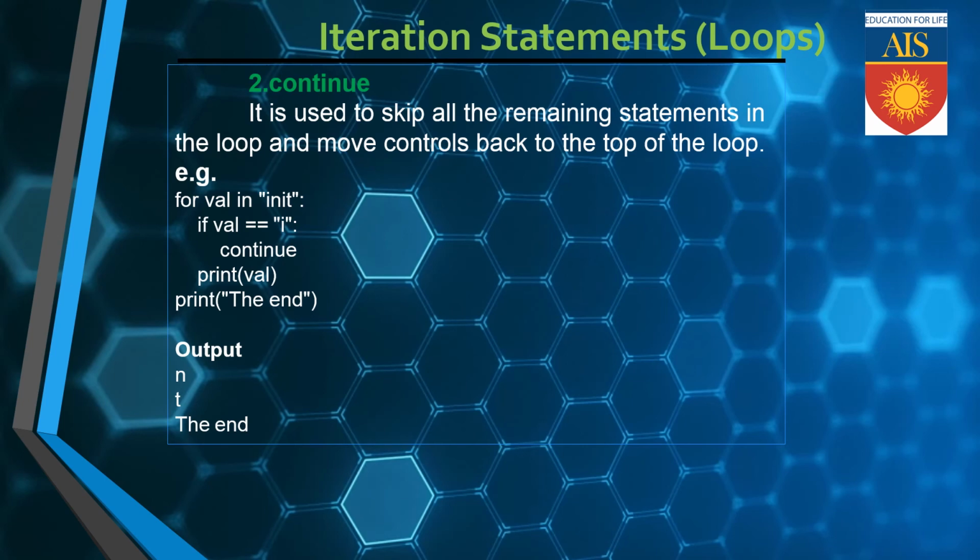Continue is used to skip the remaining statements in the loop and move control back to the top of the loop. In case of break, whenever it matches, it will stop and exit the loop right there. But here, in case of continue, whenever it matches, it will skip that matching portion only, and the remaining portion it will print and execute.